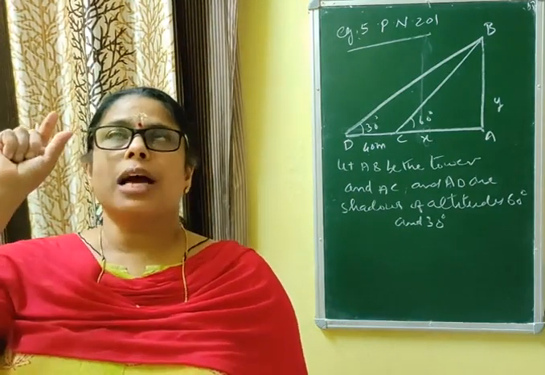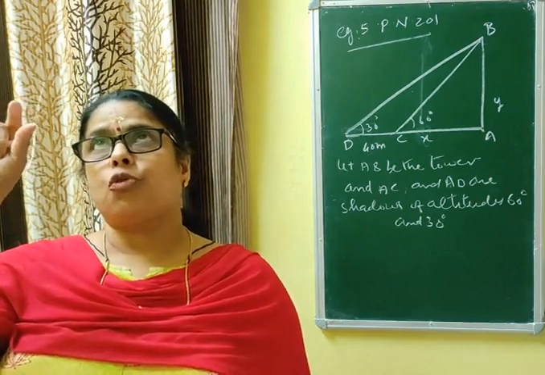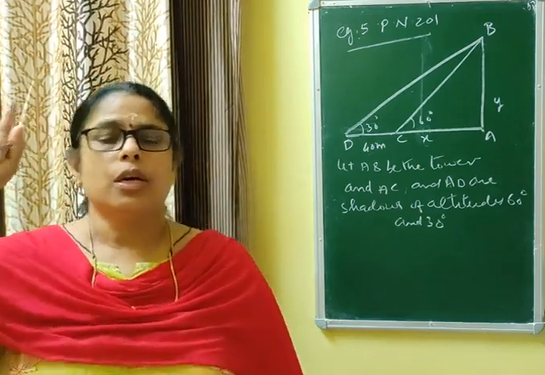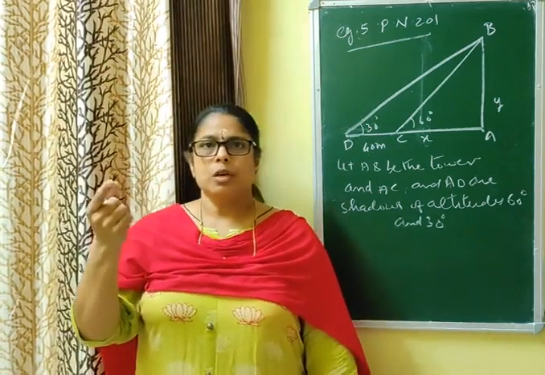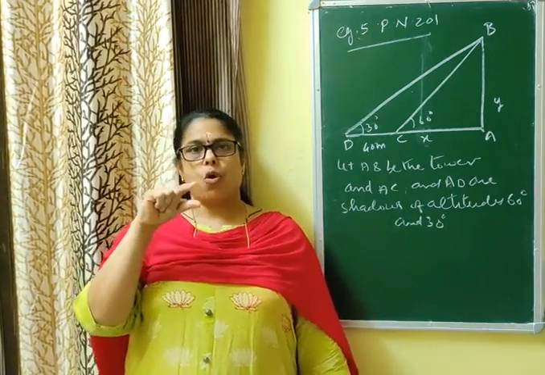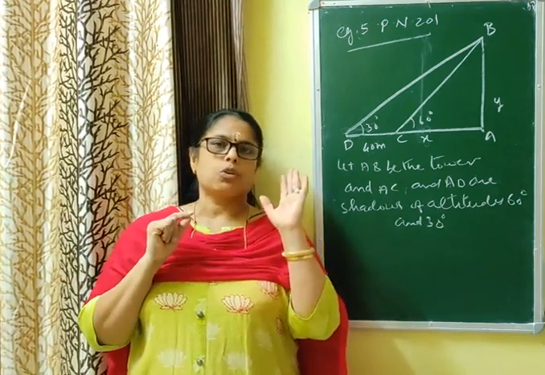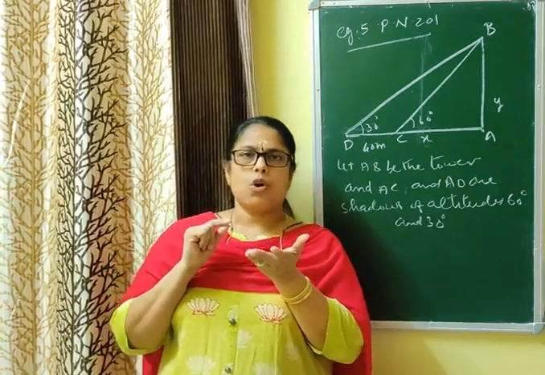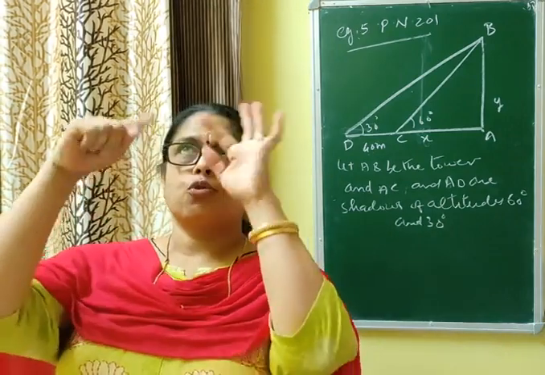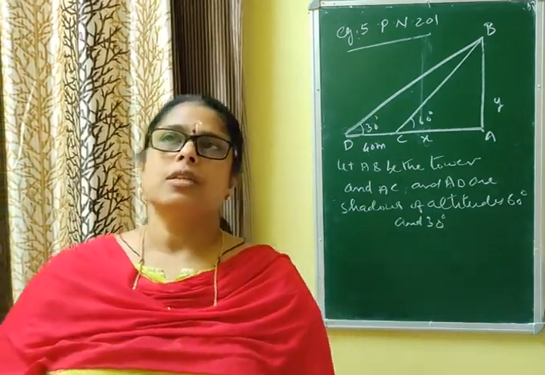That means if the point of observer is nearer to the object, then the angle of elevation is more. If the point of observer is far from the object, then the angle of elevation is small. That means अगर आप दूर से ऑब्जेक्ट को देखेंगे, एंगल ऑफ एलिवेशन स्मॉल होगा, पास में जाएंगे तो आपका पॉइंट ऑफ ऑब्जर्वेशन, तो एंगल ऑफ एलिवेशन ज्यादा होगा.